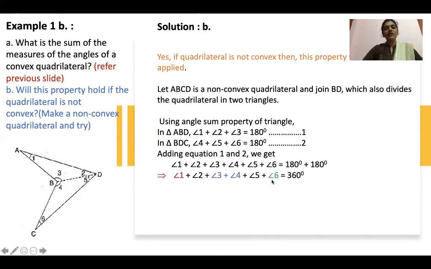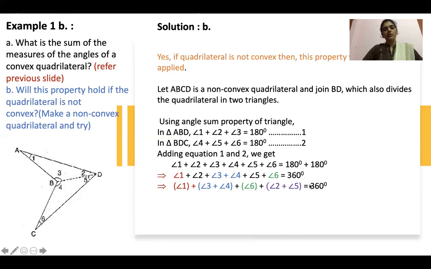If we rearrange these angles like this, angle 1 is equal to angle A, angle 3 plus 4 is equal to angle B, angle 6 is equal to angle C, and D is equal to angle 2 plus angle 5.